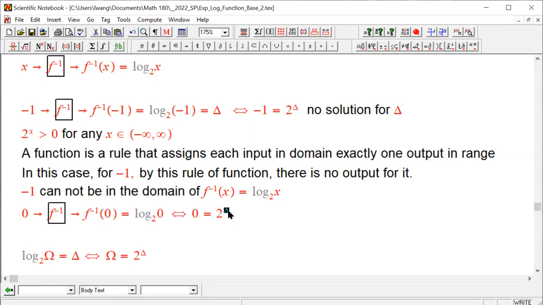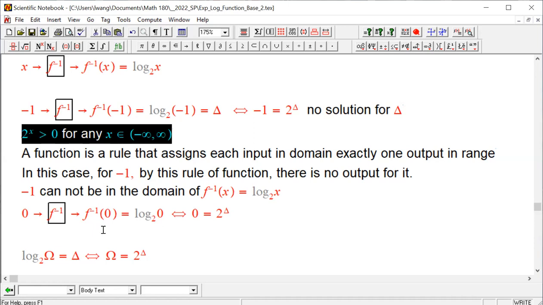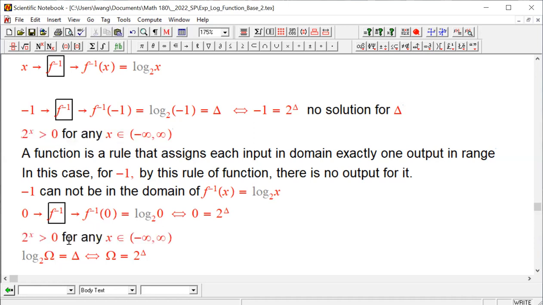Does this number exist? It doesn't, because any real number power of 2 makes 2 to the power x positive. A positive number will never be 0. So in this case, there's no solution again.